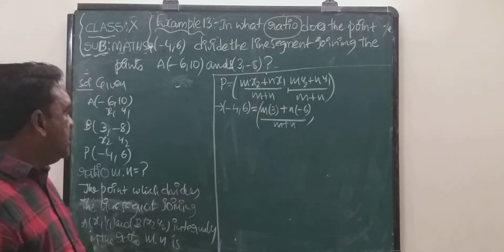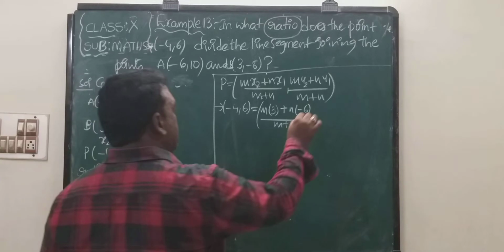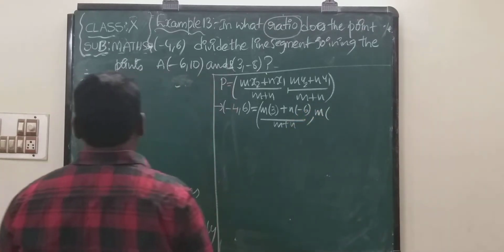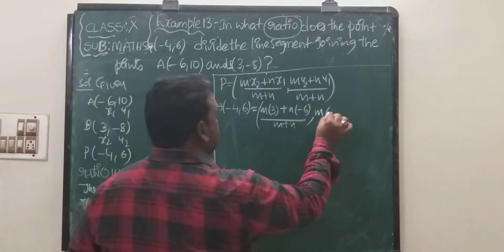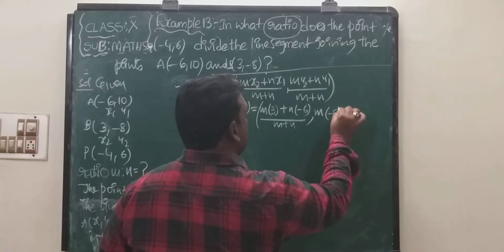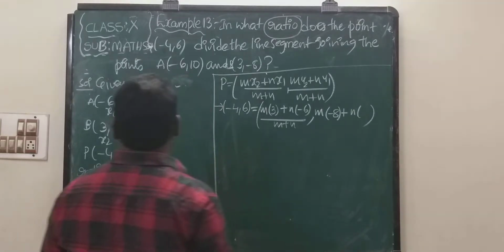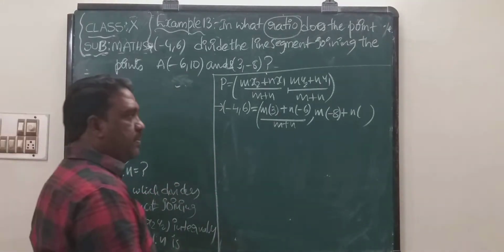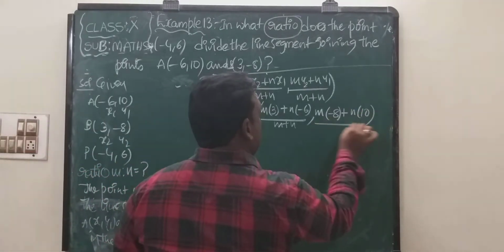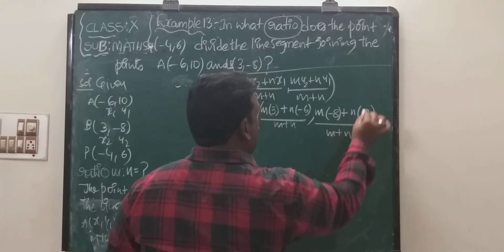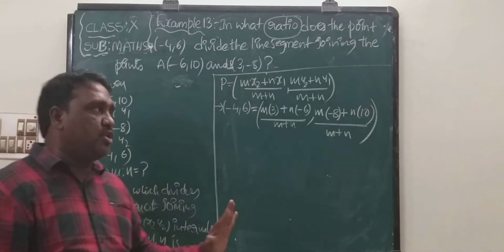Then my2, y2 value is minus 8, plus ny1, y1 value is 10, by m plus n. So value substitution is over.